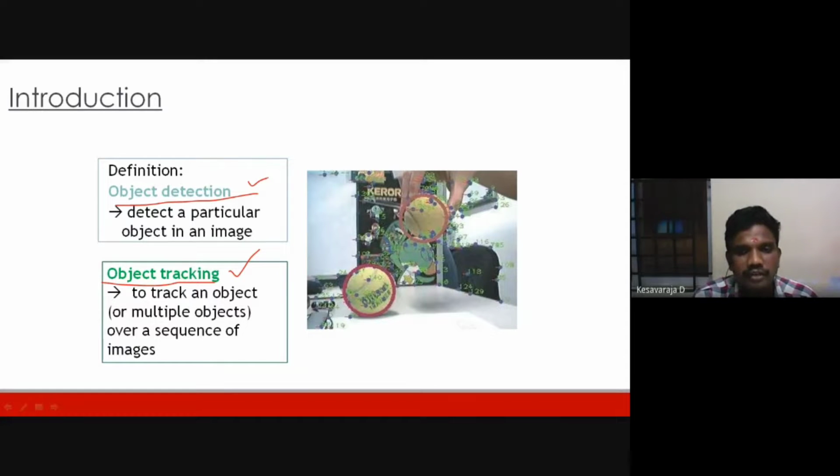For example, if you have a photo, it will detect the ball, this is a bat, this is a stump, something like that. So it detects objects in a particular image. As the name itself says, object tracking will track the moving car. For example, object detection works if you have an image, whereas object tracking works on a video, the sequence of images.